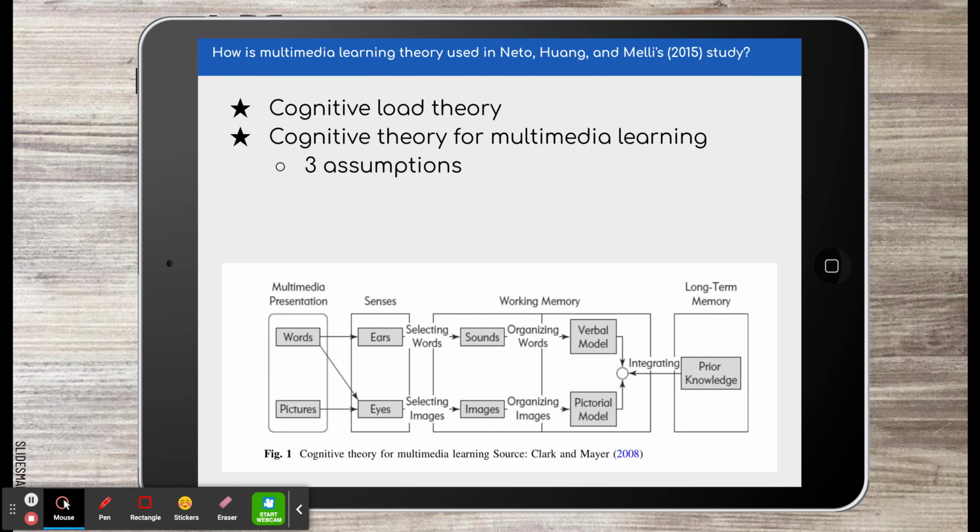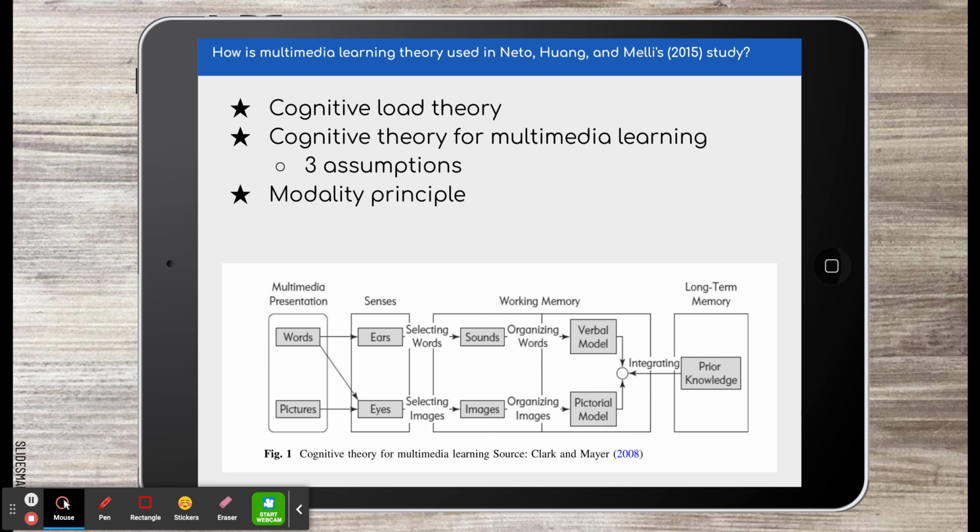The other big thing that was discussed in the study was the modality principle. The modality principle suggests that information presentation to learners should be conducted through spoken words rather than merely written text on the computer screen.